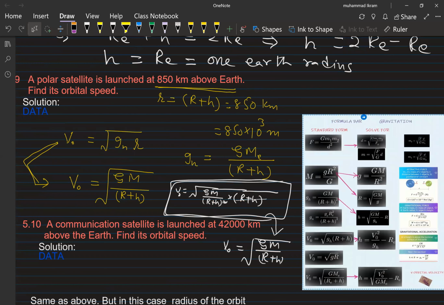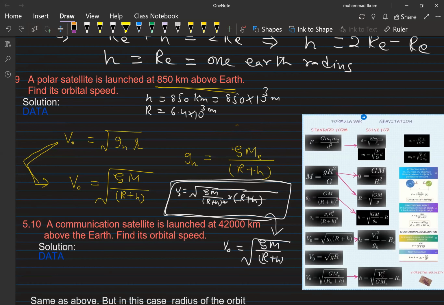In the earlier case you have the height h given, 850 into 10 power 3 meter, and the radius of the earth, you always know, that is 6.4 into 10 raised to the power 3 meter, right? Because they use the word above the earth, the orbital radius is not given.